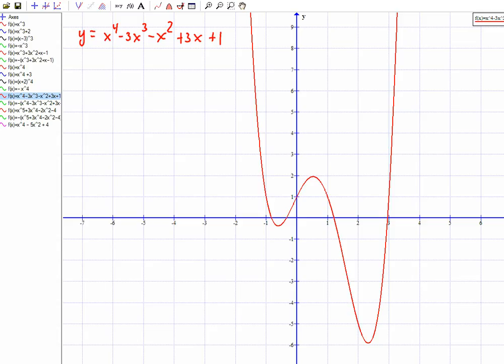How many zeros? There are 4 zeros, right? This would be a pain to graph because not even one of them is right at a whole number. So none of them are whole numbers.